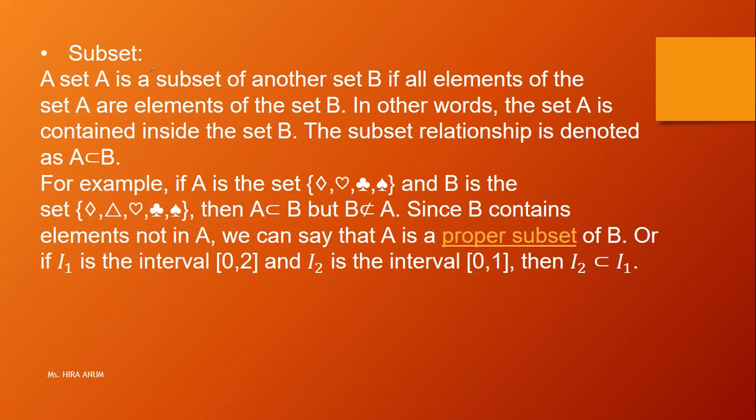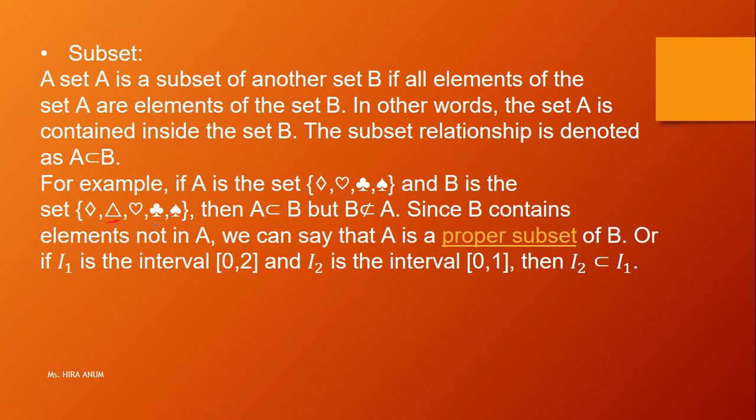Subset. A subset is a set in which every element belongs to the other set, so it is smaller than or equal to the other set. Like A equals diamond, heart, spade, and B equals this plus a triangle. Then A is a subset of B, but B is not a subset of A because the triangle is not in the A set.